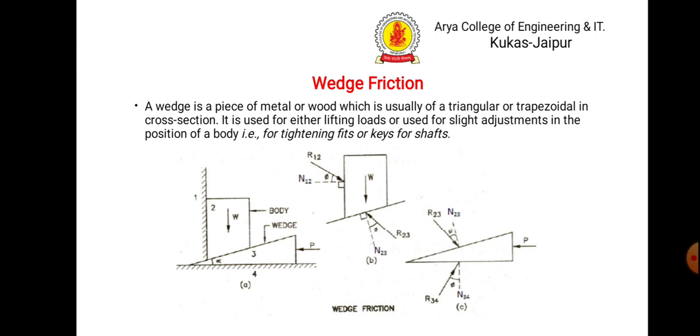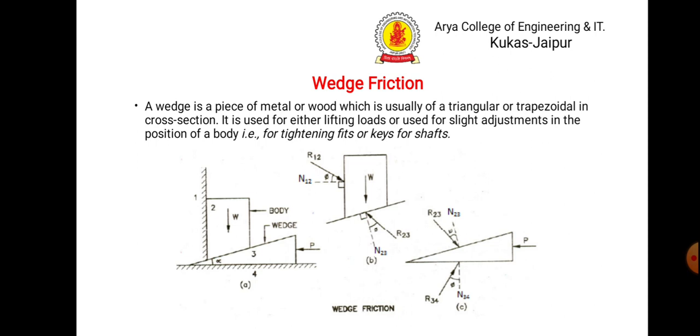Then one reaction will be from the ground, that is N34, but the direction of motion is leftward, so we move this N34 by an angle of phi, the angle of friction, in the direction of motion, and this will be R34. This is the first method, if you want to solve it by Lami's theorem.